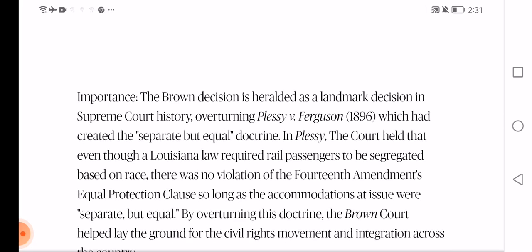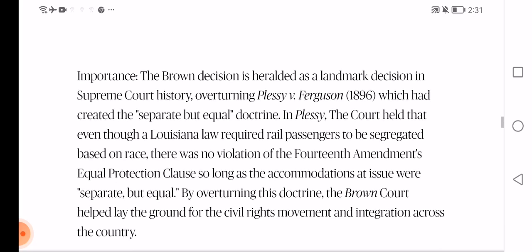Importance: the Brown decision is held to be a landmark decision in Supreme Court history, overruling Plessy v.